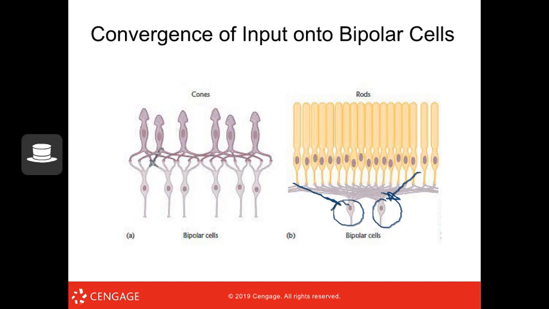Because you're getting input from lots of rods, even if there's less light, you're more likely to get visual information, as opposed to the cones, where you really are going to need strong enough visual information for this signal to be triggered in this sensitive neuron.